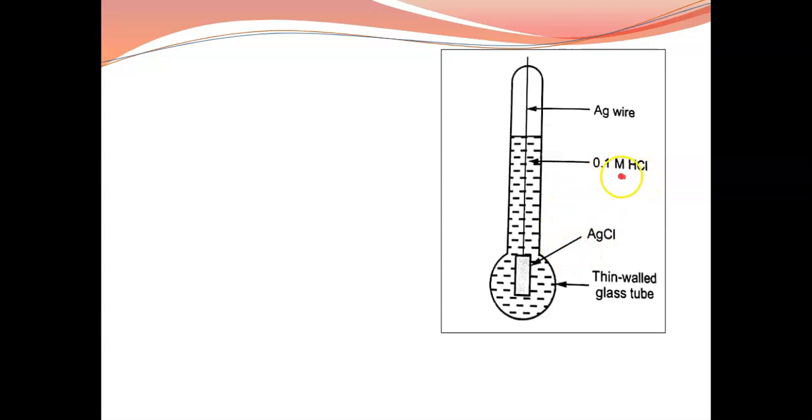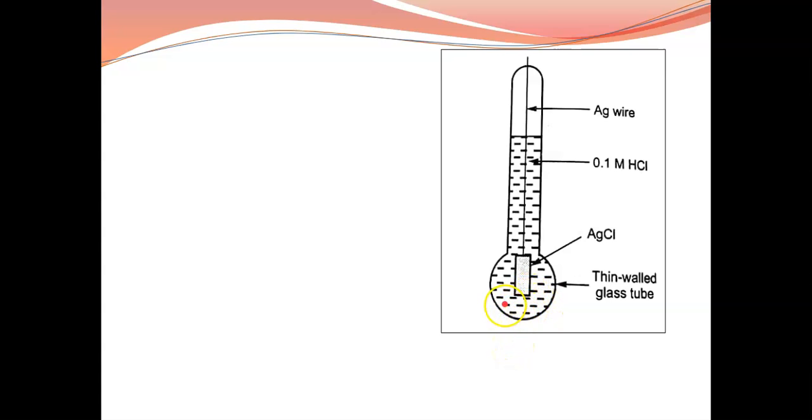This glass tube is sensitive to pH. That means this electrode is used for measuring the pH of a solution, the pH of an analyte. The potential of this electrode varies depending upon the concentration of H plus ions which are present in the analyte.